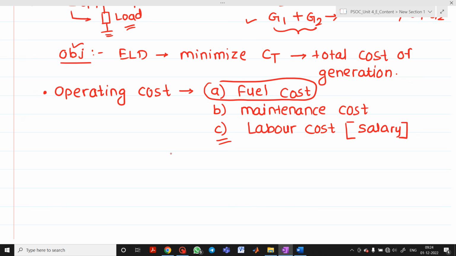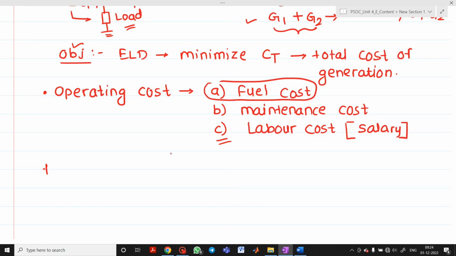So while studying economic operation, the operating cost of the generator is assumed to be the fuel cost, because sometimes we import Australian brown coal from Australia, which is sometimes cheaper than coal from Bihar, Jharkhand or Assam. So we need to consider the fuel cost. Therefore, the economic load dispatch problem is to minimize the fuel cost to supply the required load.